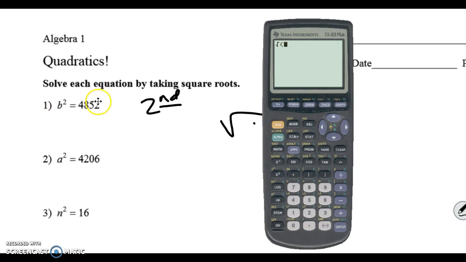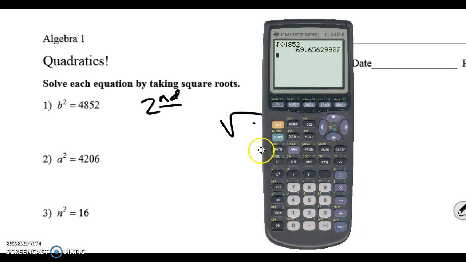So the first thing we're going to plug in is, again, I'm going to hit clear. I'm going to look for the second and the square root button. I hope you can see my cursor. Anyway, we're going to enter 4852.